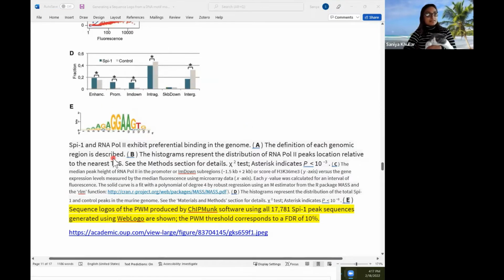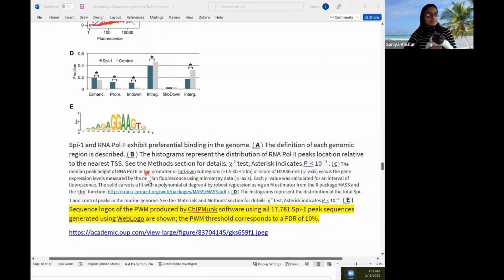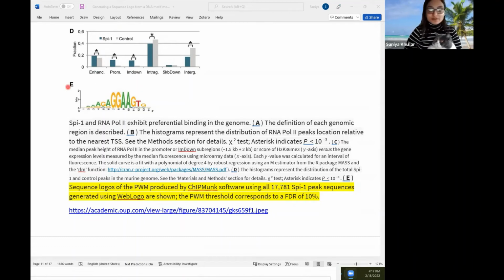And then they define each genomic region here: enhancer, promoter, intragenic, 5 kilobases downstream as well, and the transcription start site for the gene. The key idea is that we want to focus on this example. I wanted to give everything else in context in case you're interested, but we're focusing on this part here.